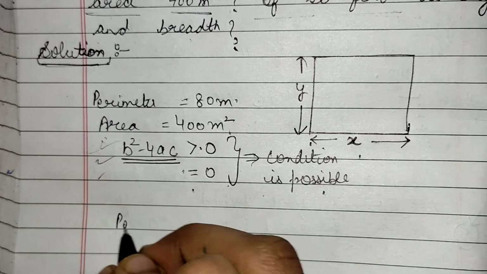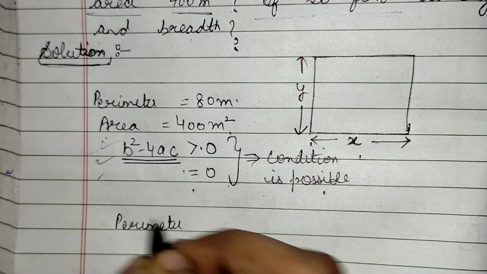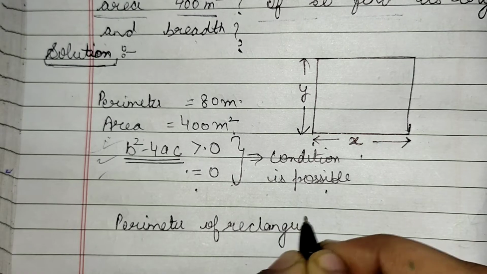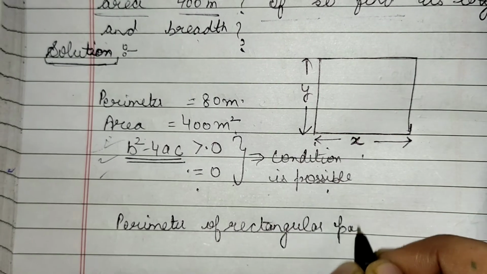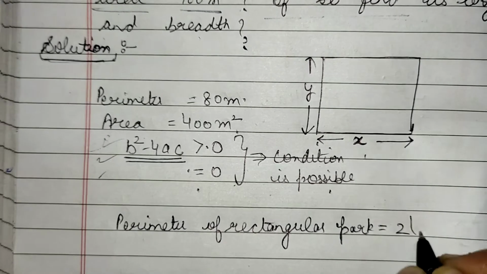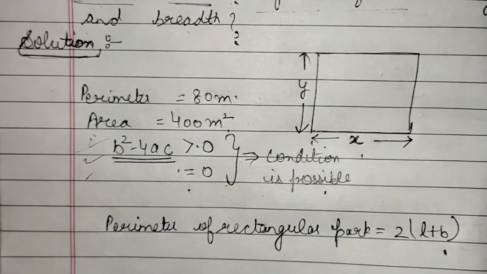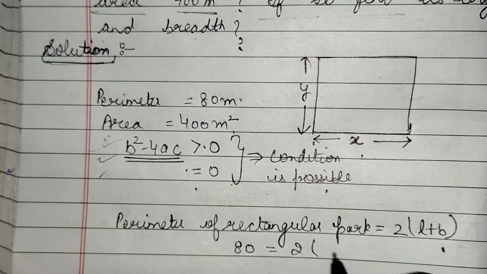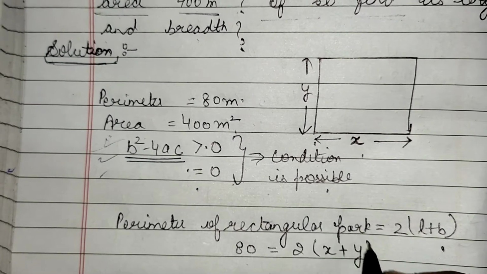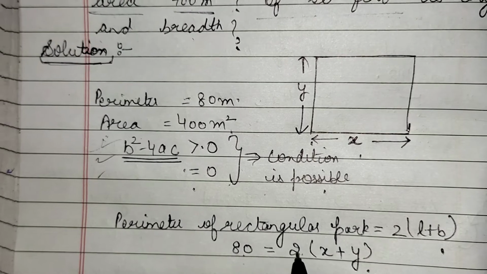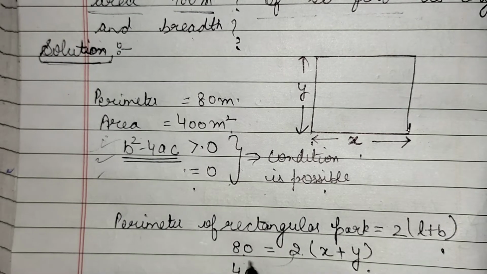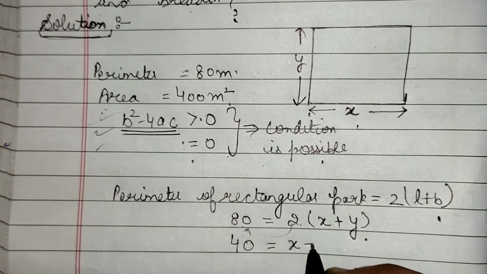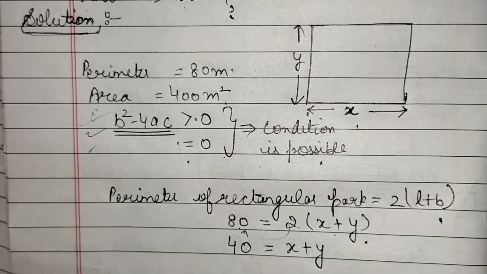Okay, so put the values in the formula. What is the formula to find out the perimeter of a rectangular park? Perimeter of any rectangular park is equal to 2 into length plus breadth. It is given to you 80 is equal to 2 into x plus y. So now 80 by 2, this 2 will come here and 80 will get divided. 40 is equal to x plus y.